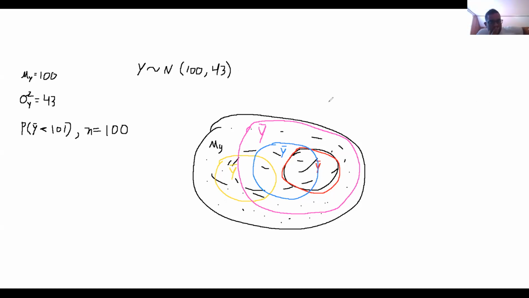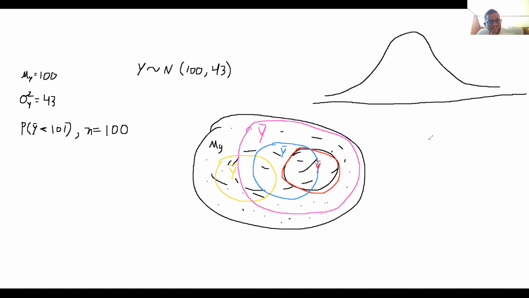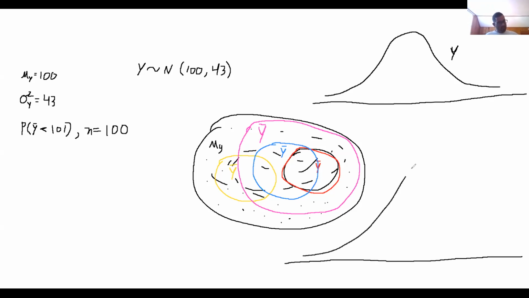So because we assume that Y is normally distributed, this is for Y, each individual observation. Because it is normally distributed, we can assume that also the distribution of the Y bar is going to be normally distributed.